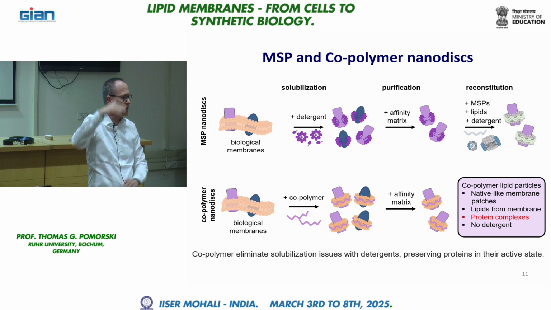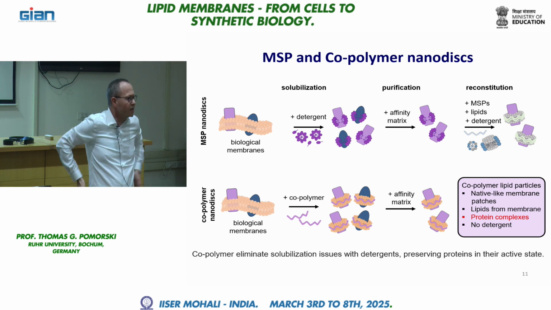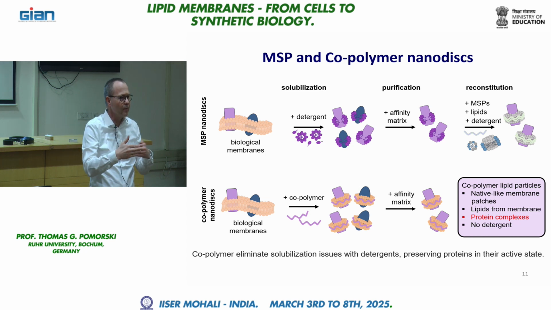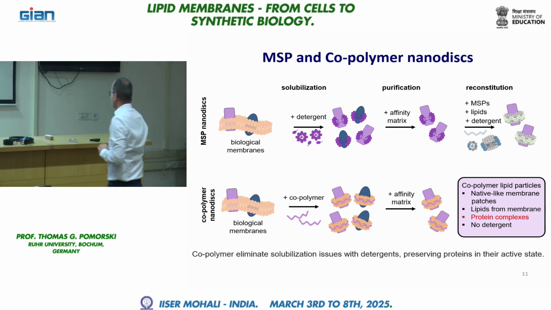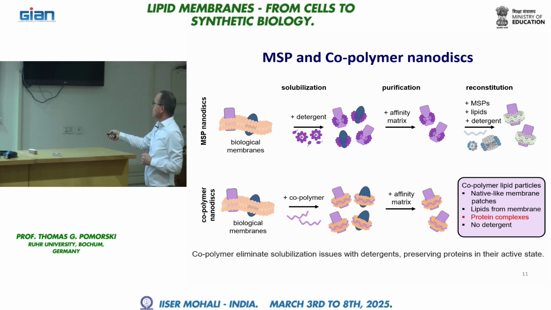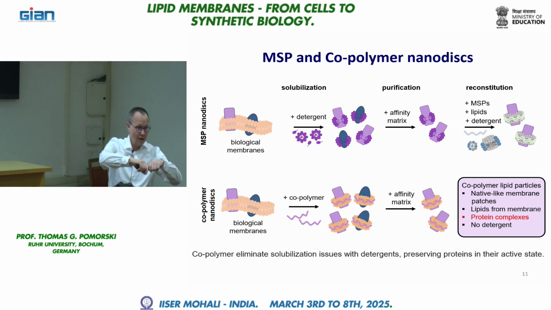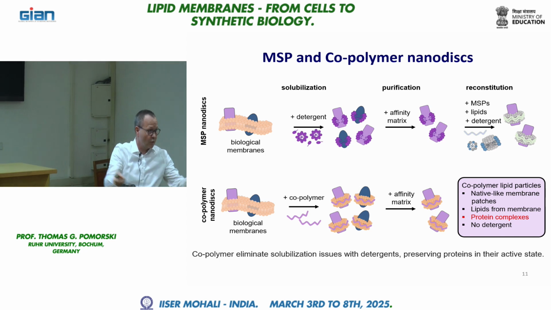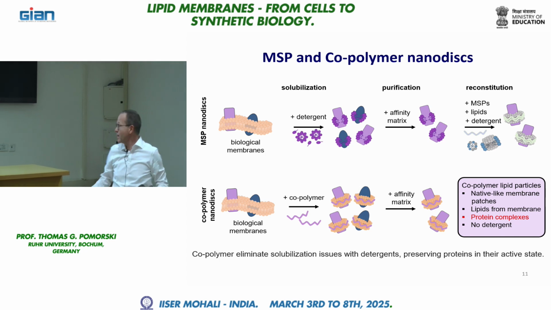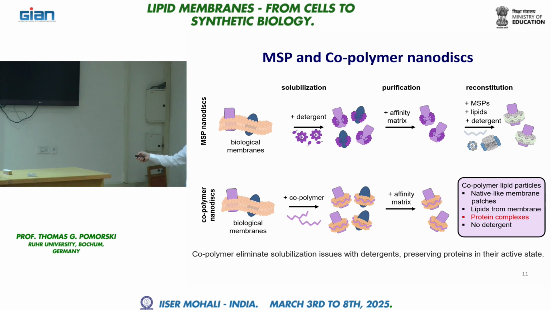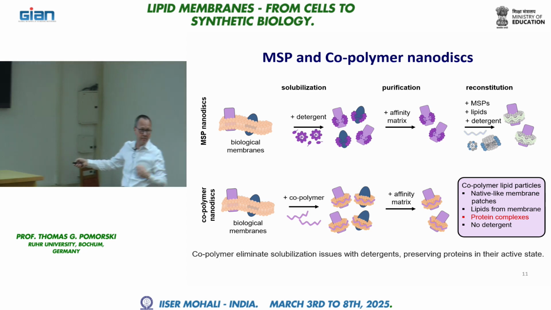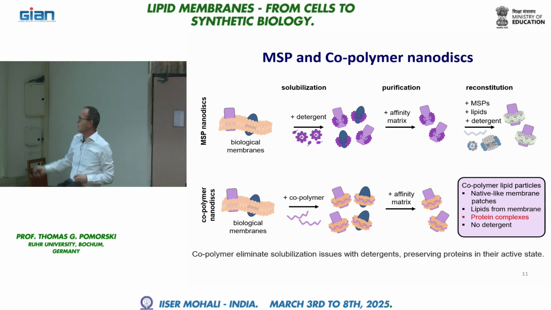So that would basically shield the hydrophobic part. And then you get a type of demixing. Some lipids would be preferentially associated with your protein. Okay, good. So now no detergent, you might even get, if the copolymers are long enough, protein complexes out of the membrane. And you get type of native-like membranes with the protein isolated.